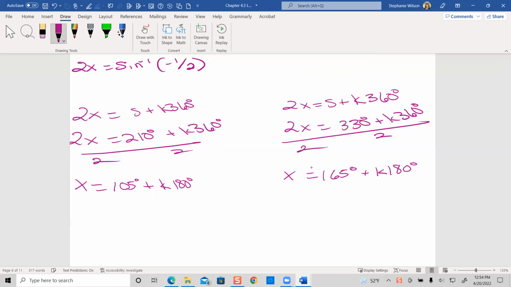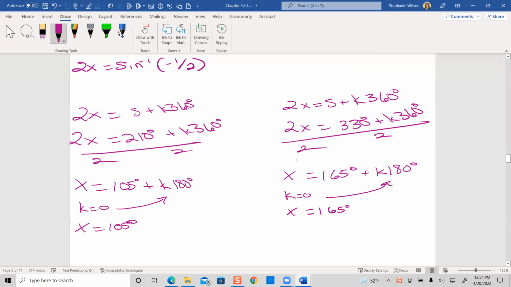And now let's actually find the values. So let's let k equal 0. When I plug in k equals 0 here, I get x is equal to 105 degrees. Let's plug in k equals 0 here as well. Well, what happens? We get x is equal to 165 degrees.